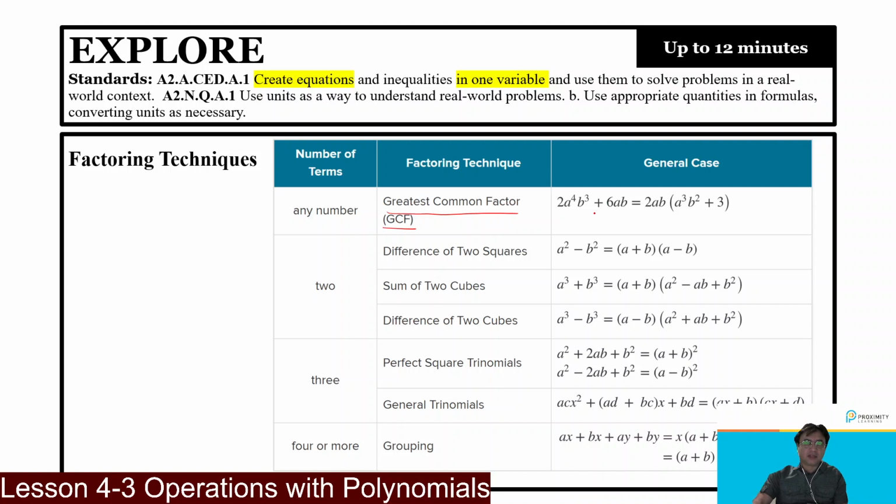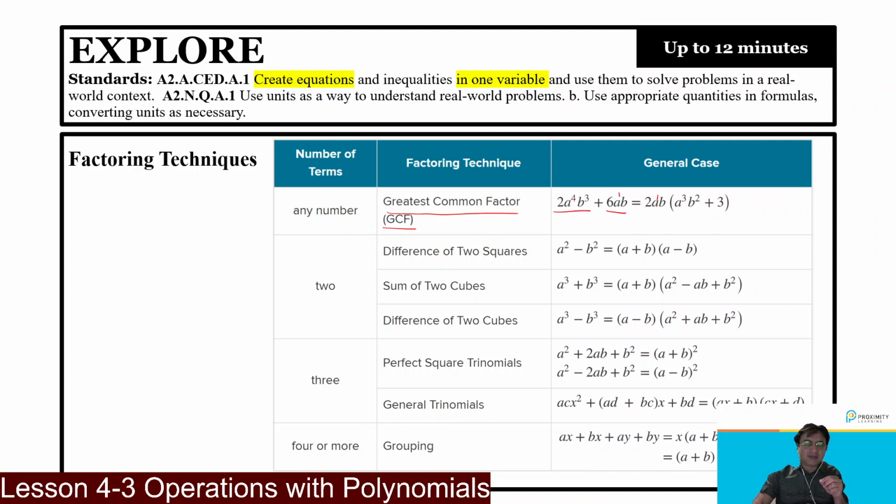Right? So for example, here we have a to the fourth in this term. In the second term we have a to the 1. So what's the most a's that we can take out? We can take out a to the first power. So we took out a to the 1 power.